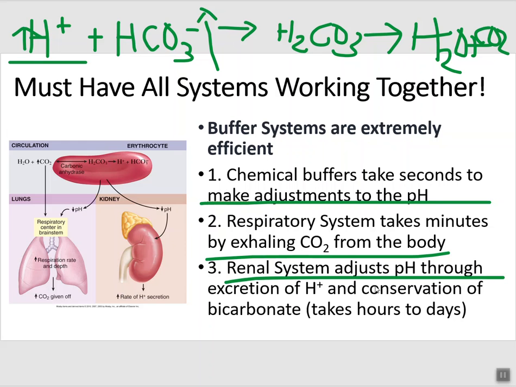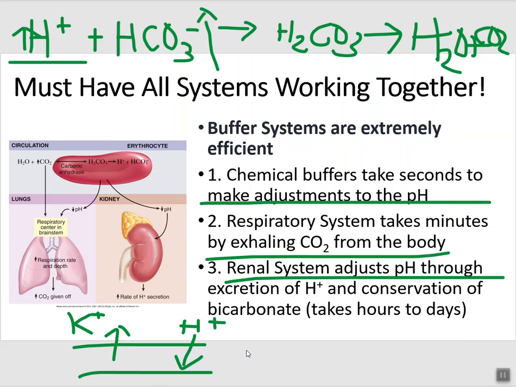The renal system can adjust how much of the hydrogen ions are secreted. Again, I can bring potassium out of here and put hydrogen ions in here. So I can actually do that swap out.